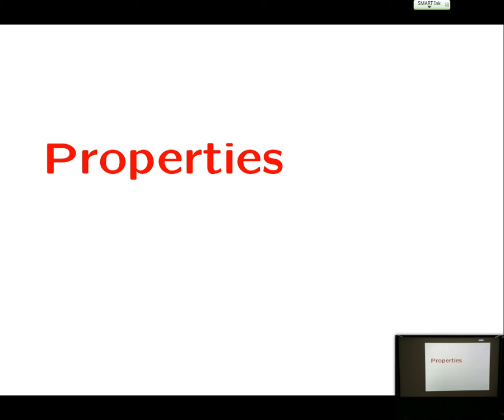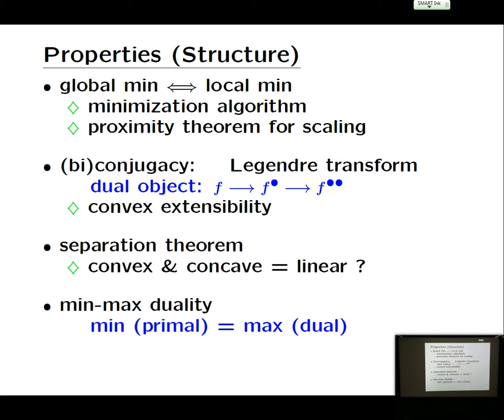Now, what properties are there? In convex analysis, we talk about these properties. The first is that the global minimum is characterized by local minimum. This is the first property that everybody has to consider. And then maybe algorithms or proximity theorem for scaling.